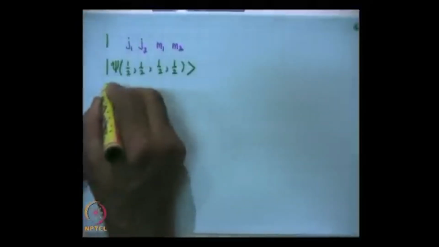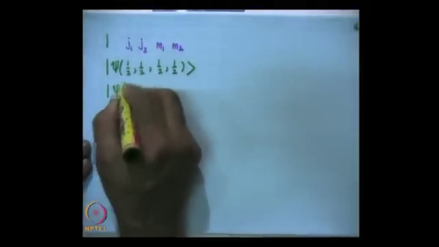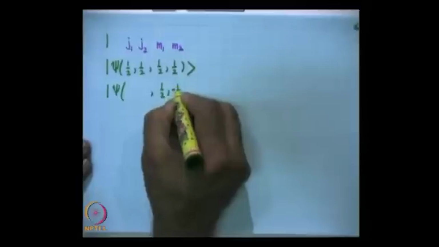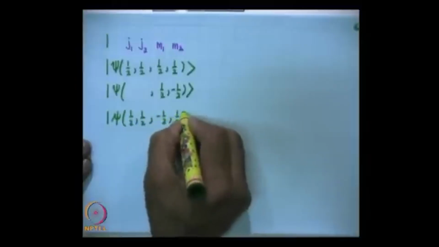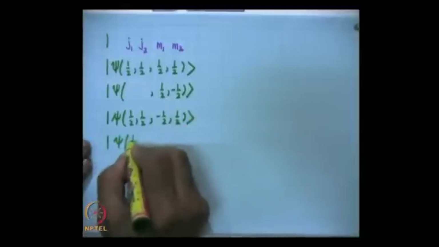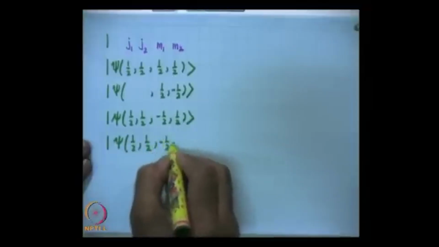In fact, many people omit writing that. So, there are 4 such functions: psi half, half, half, half; psi half, half, half, minus half; psi half, half, minus half, plus half; and psi half, half, minus half, minus half.